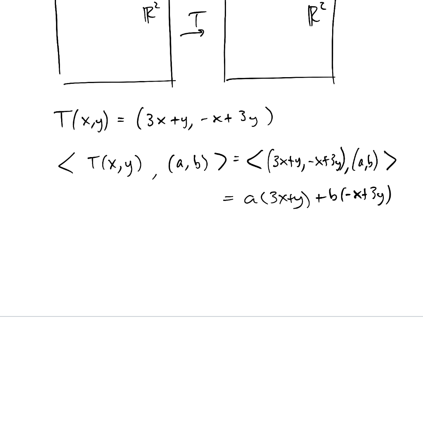Now, you could rearrange this as x times (3a take away b) plus y times (a plus 3b). In other words, the inner product we started with is equal to this inner product, (x,y) with (3a minus b, a plus 3b).